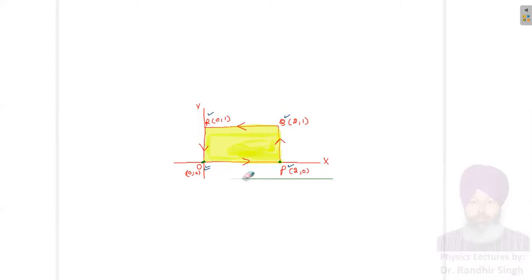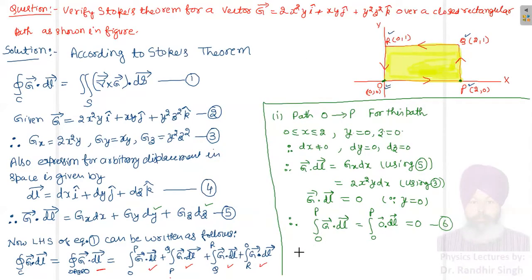So we can now continue our discussion. If you see the previous page, I have found the value of one integration. This first component has been calculated. It is 0. Let us now go to path P to Q.